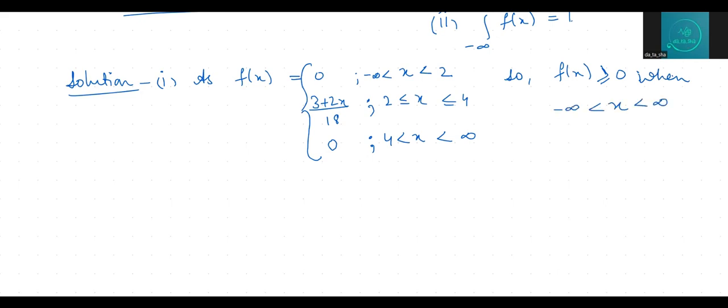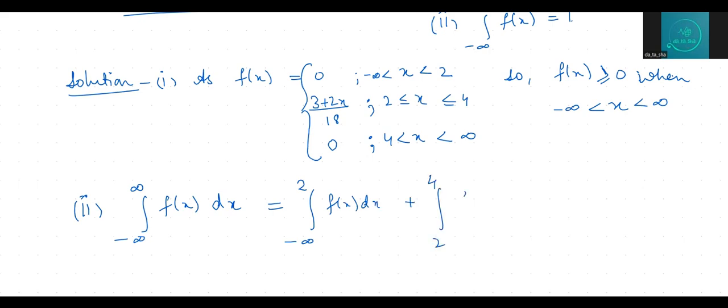Now, the second part, we need to check what is the integral from minus infinity to infinity of f(x) dx. So we need to break the integral into the integral from minus infinity to 2 of f(x) dx, plus the integral from 2 to 4 of f(x) dx, plus the integral from 4 to infinity.